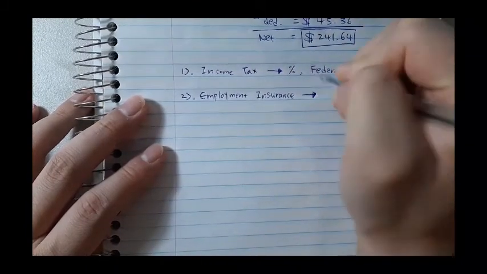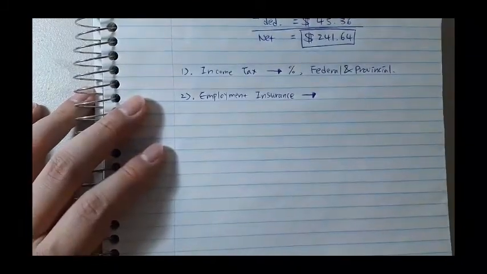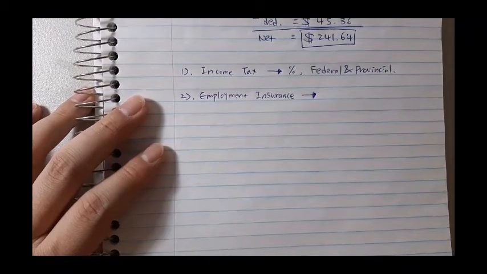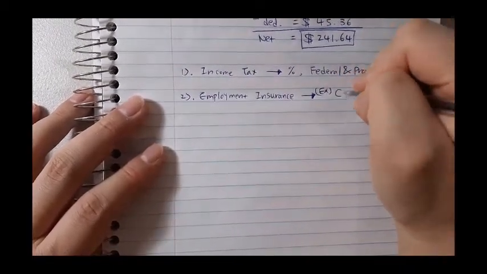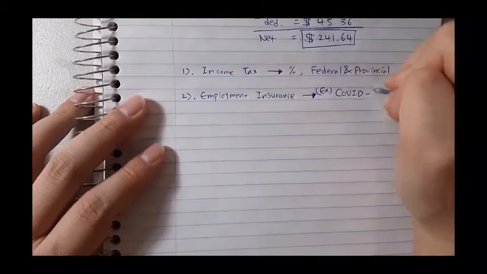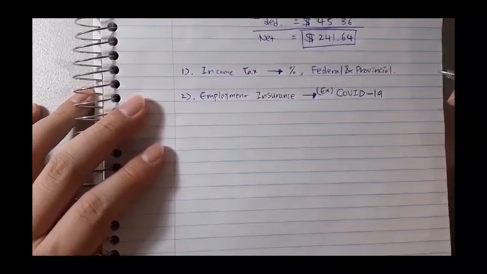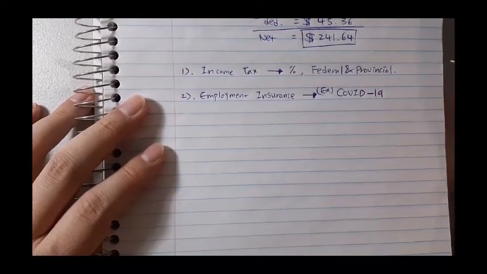Second, employment insurance. Employment insurance is basically a certain fund that provides a source of income to people who lose their job. So right now, COVID-19 is a good example and bad example at the same time. There are quite a lot of adults who are getting that income source because they lost their job.